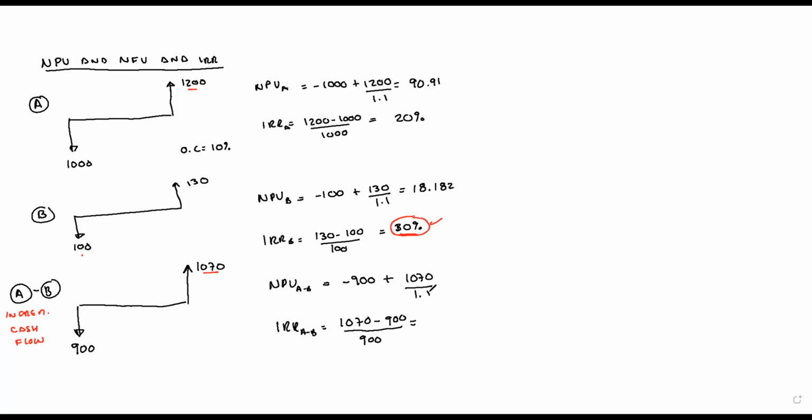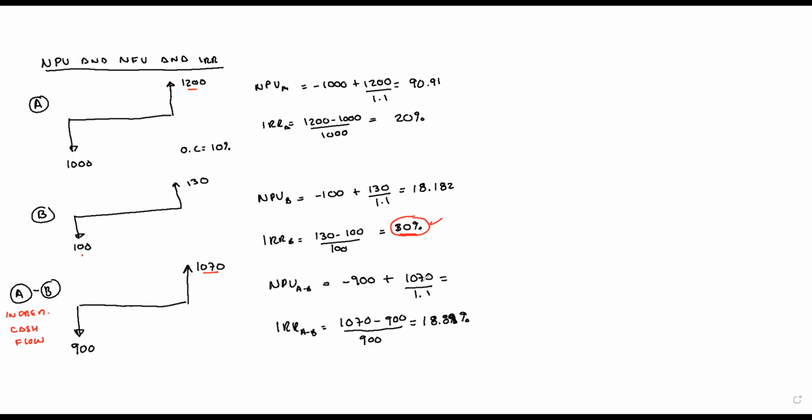This number here provides me 1070 minus 900 over 900, which provides me with 18.89%. And my net present value, of course, is also going to be positive.